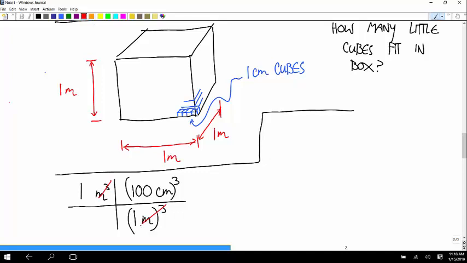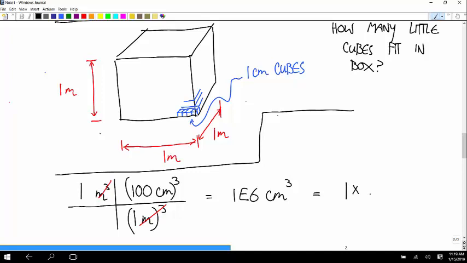So this cancels with this. And you're left with 100 to the power of 3. That's 1 times 10 to the 6 centimeters cubed. So there's a million of those. And that's just the shorthand I'm going to use. That's how you enter this into a calculator.